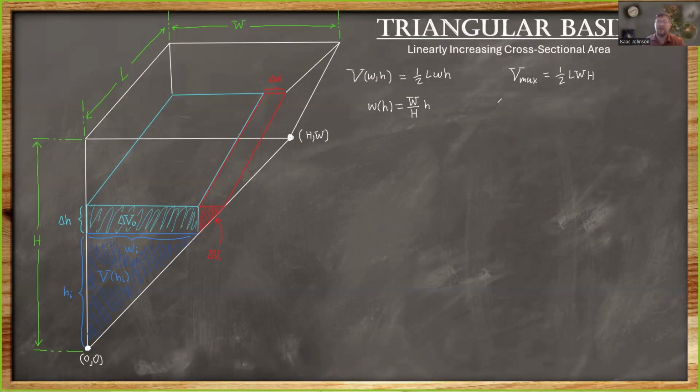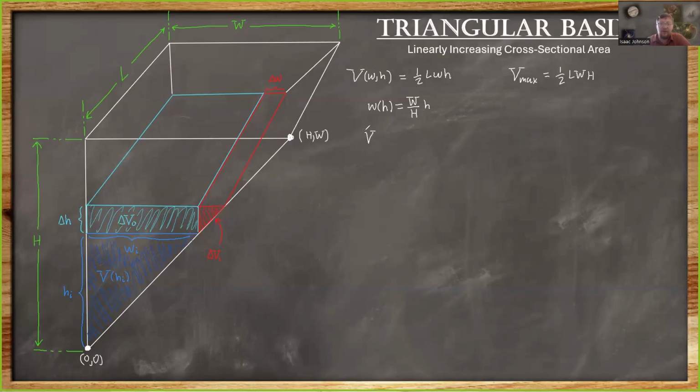It doesn't matter over what distance you measure. So you could find some delta W over some delta H and multiply it by H to find the width. You just pick the easiest delta W, which is, my W went from 0 to W, and the easiest delta H, my height went from 0 to capital H. So that gives us our width as a function of height.